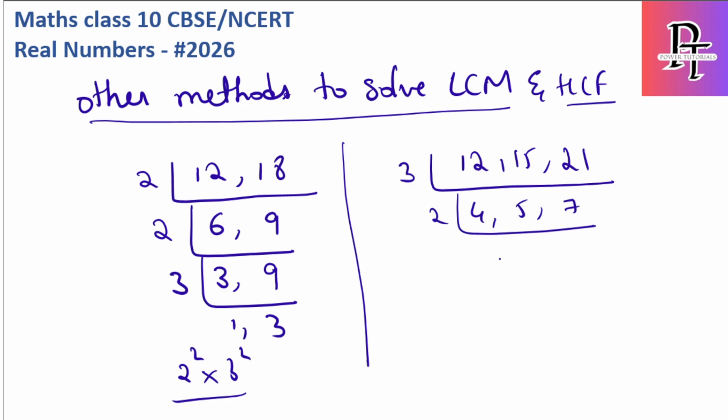Then I can divide by 2, as 2 twos are 4. If it is not able to divide, just write the same. Now the answer: 3 twos are 6, 6 twos are 12, 12 fives are 60, 60 sevens are 420. I got the same value. If it is not getting divided, just write the same; if it is getting divided, then divide it.